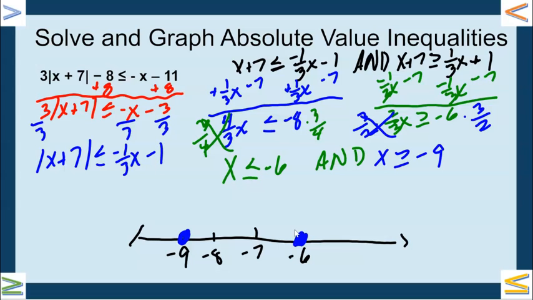Now it says it has to be less than or equal to -6. So less than means it goes to the left. And it has to be greater than or equal to -9, which means it's got to go to the right of -9. So every solution in between and including -9 and -6.